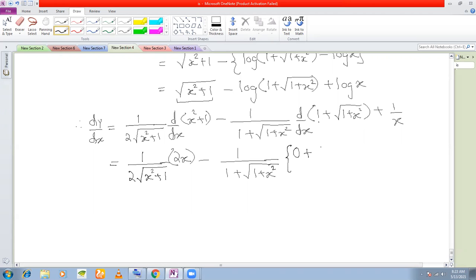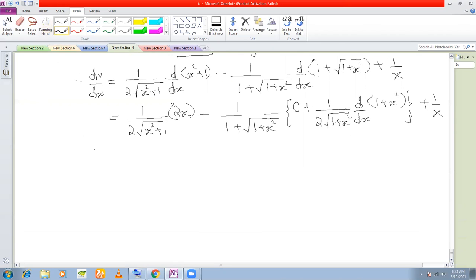Plus, and then you differentiate root 1 plus x square. So what is the differentiation of root 1 plus x square? First you differentiate the radical to get 1 by 2 root 1 plus x square into d by dx of what is inside the radical, 1 plus x square, right? And you write plus 1 by x as it is.